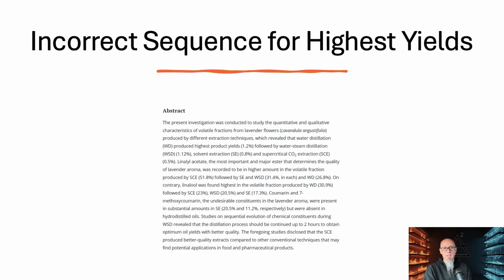It's going to degrade the compounds that we're after. And so that right there is actually incorrect. Steam distillation is higher producing, which we'll talk about in a minute. But it's just an example of some misinformation that you guys should be aware of.